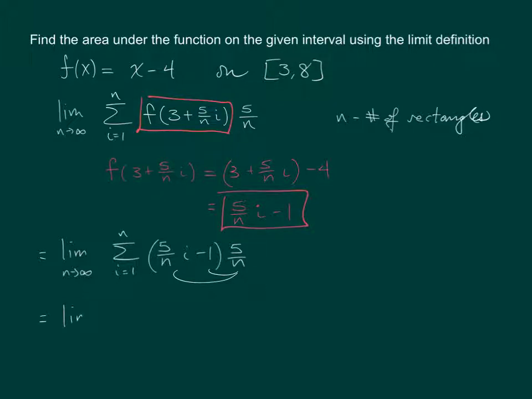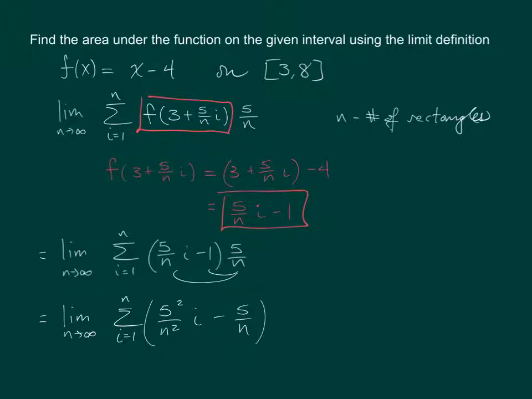So this becomes the limit as n approaches infinity of the sum as i goes from 1 to n of 5 squared over n squared i minus 5 over n.